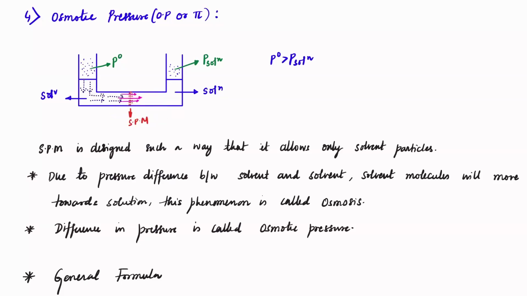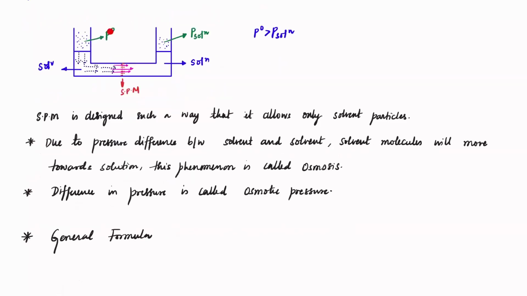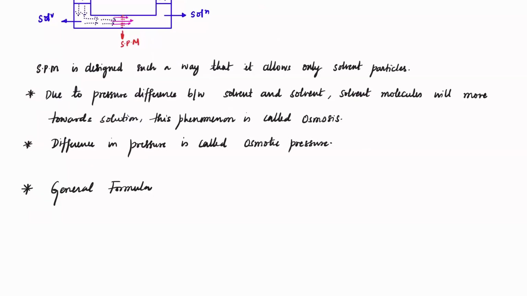This difference in pressure, which creates the movement of solvent particles, is what we call the osmotic pressure. So due to the pressure difference between solvent and solution, the solvent molecules will move towards the solution. This phenomenon is called osmosis. Clear, everybody? And the difference in the pressure is what we call the osmotic pressure.